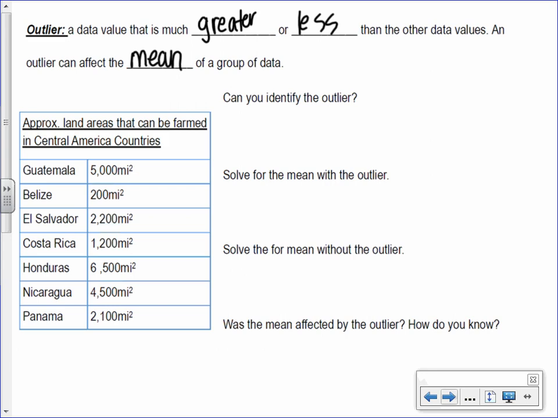All right, so first, these are the approximate land areas that can be farmed in Central American countries. So if you notice, they're all relatively close. But there is one that is a major outlier, one that's not even relatively close. And hopefully you're seeing that there's actually 2 that I would say. But Belize is way off.